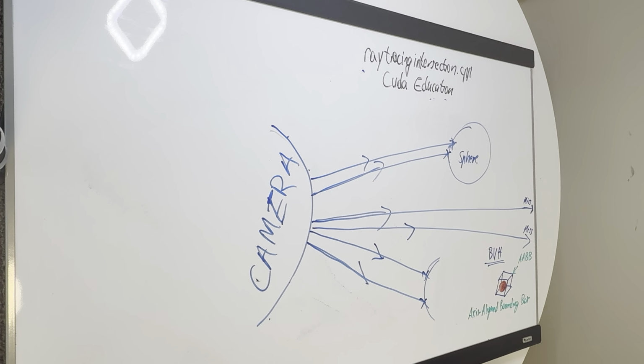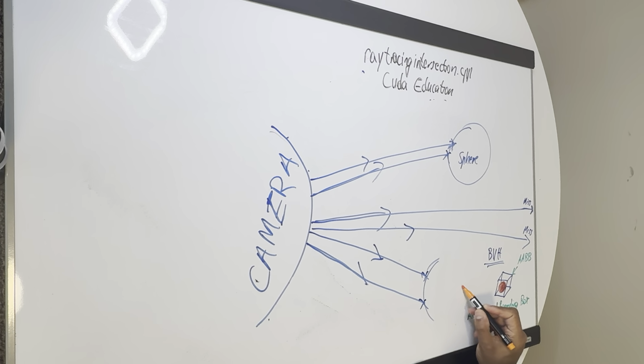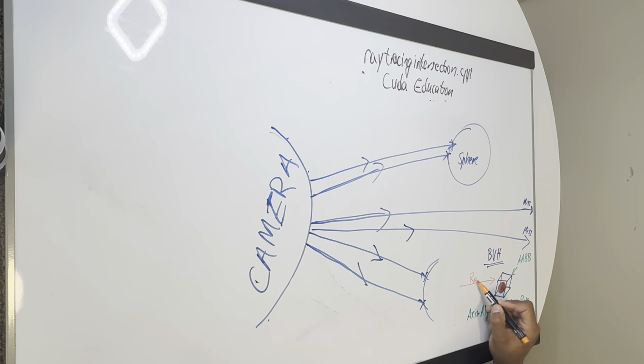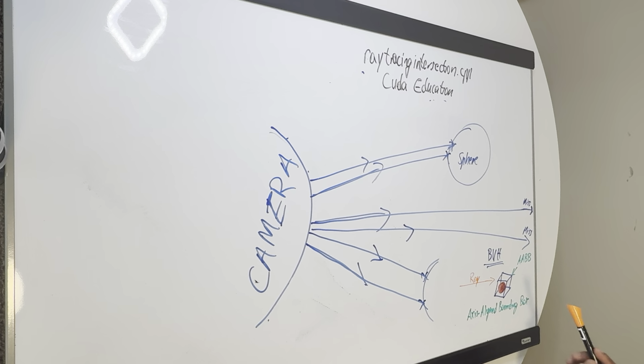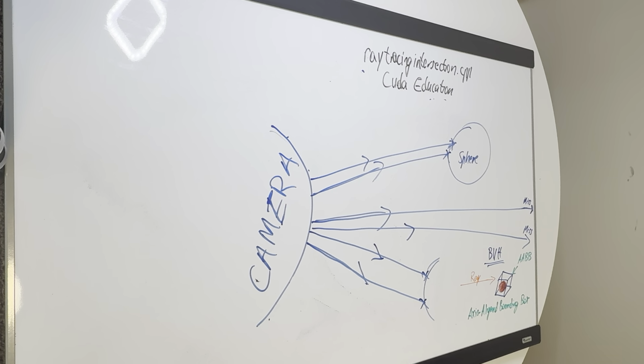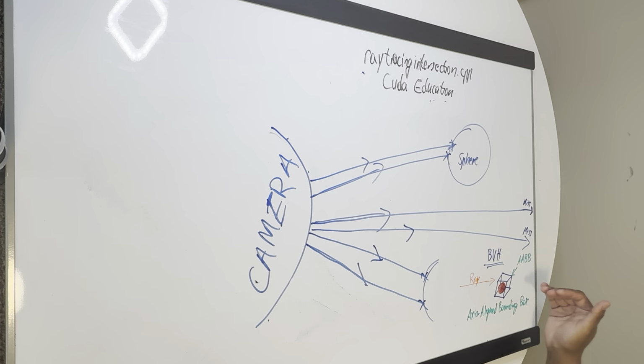Let me use this color. So when a ray traverses the scene, we don't necessarily want to hit the sphere directly. Why don't we want to hit the sphere directly? We want to hit the axis aligned bounding box.